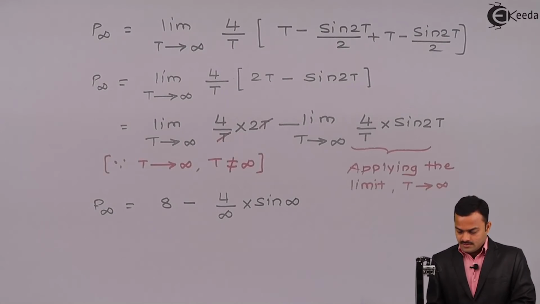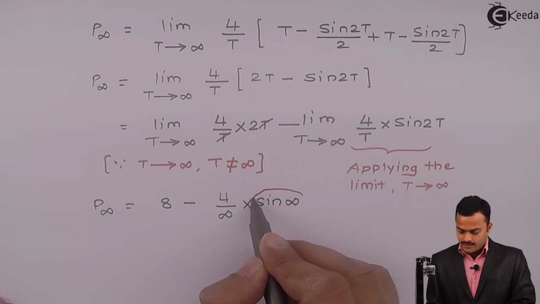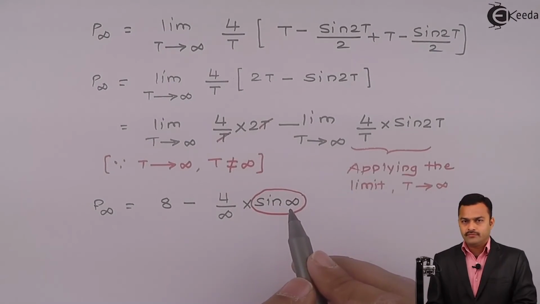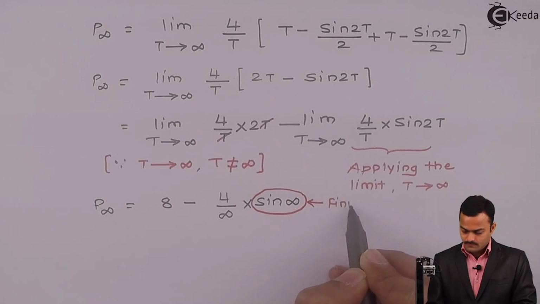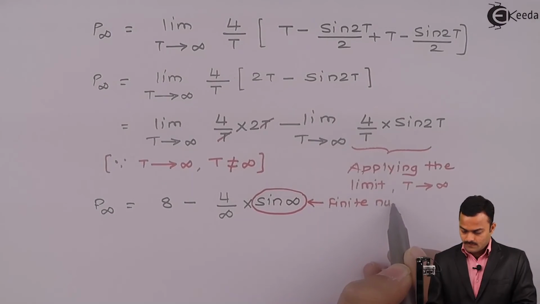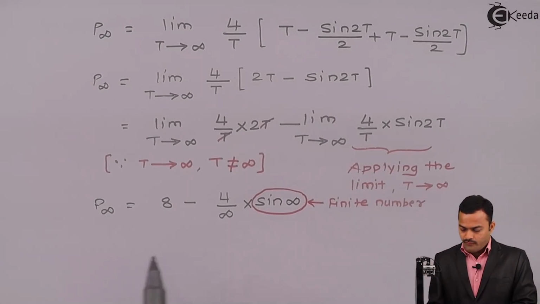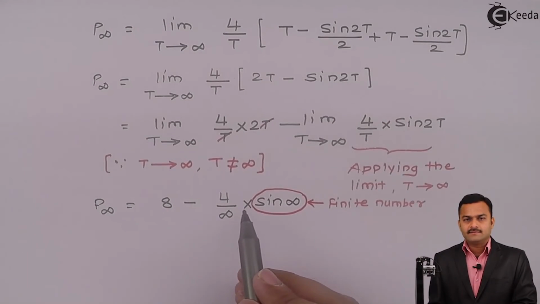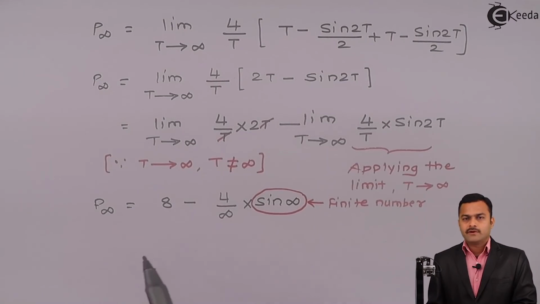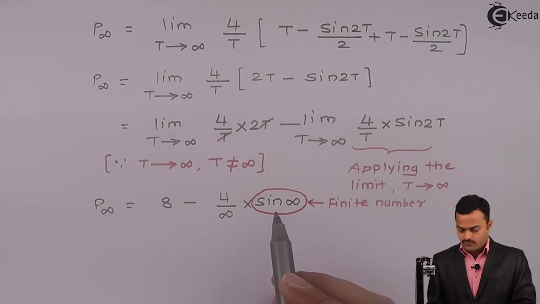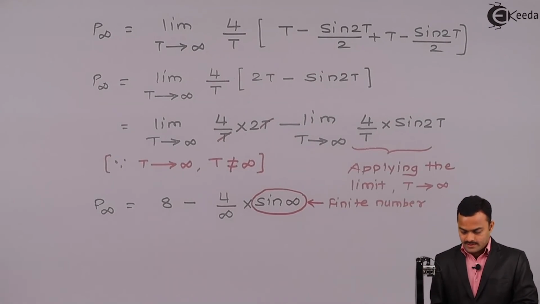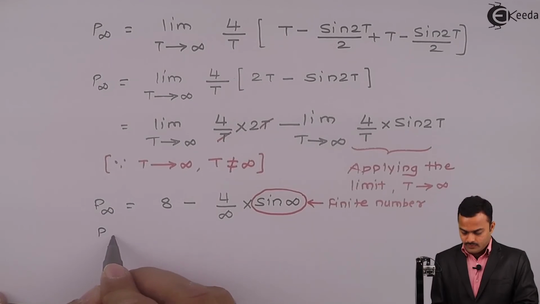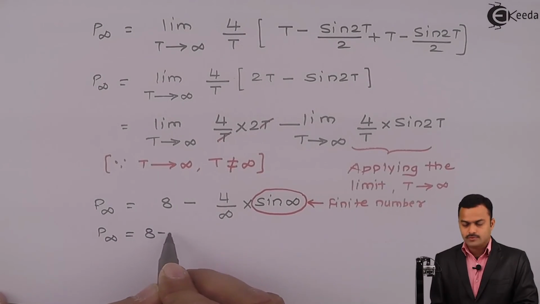Since sine of any angle cannot go to infinity, it will always have some finite number. So finite number divided by infinity. Anything divided by infinity, except infinity itself, will always give you the answer 0. So a finite number divided by infinity is 0. So I can say P infinity over here is 8 minus 0.